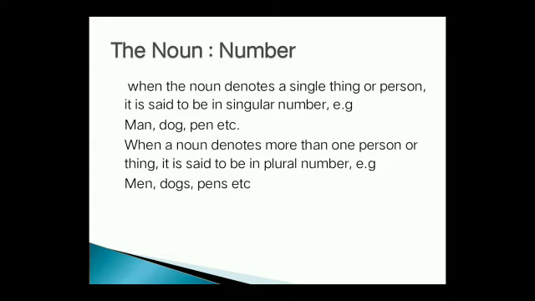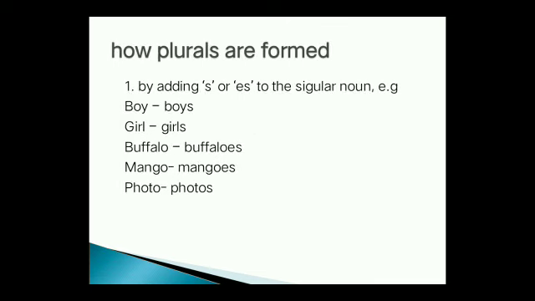Okay? Now we will see how plurals are formed. There are many ways to form a plural of any noun. The first and the most common way is by adding s or es to the singular noun. Boy, boys, girl, girls, buffalo, buffaloes, mango, mangoes, photo, photos.